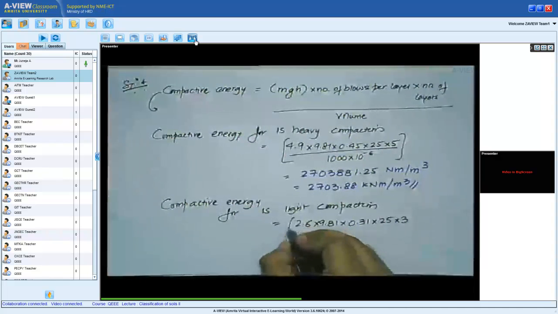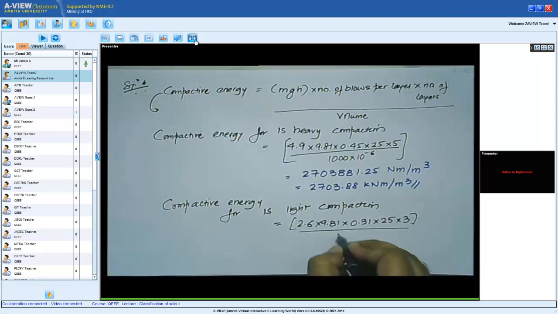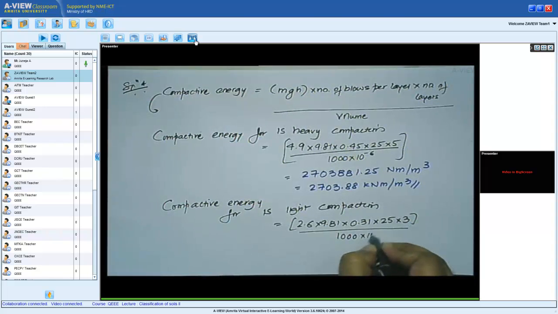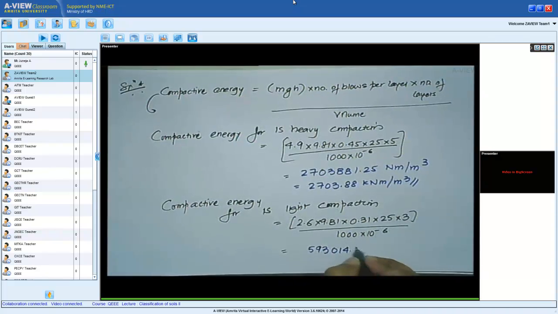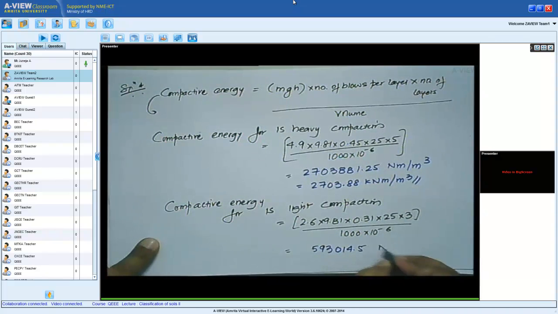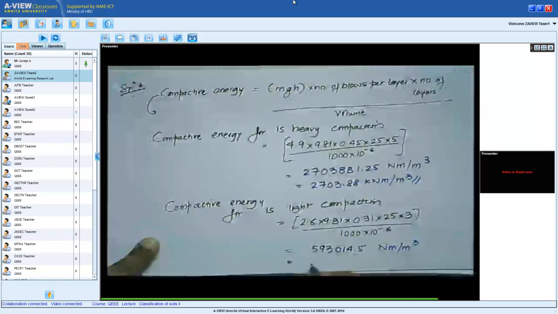If I divide this whole thing by the same volume, because you use a small Proctor mold, times 10 to the power minus 6, you have an answer, first in Newton, 593,014.5 Newton meter per meter cube, or, shifting by 3 decimal places, 593.01 kilonewton per meter cube.